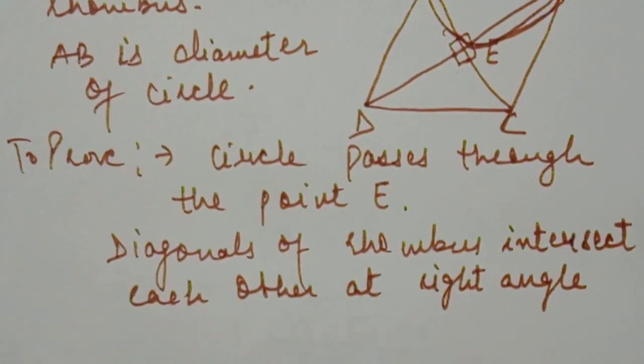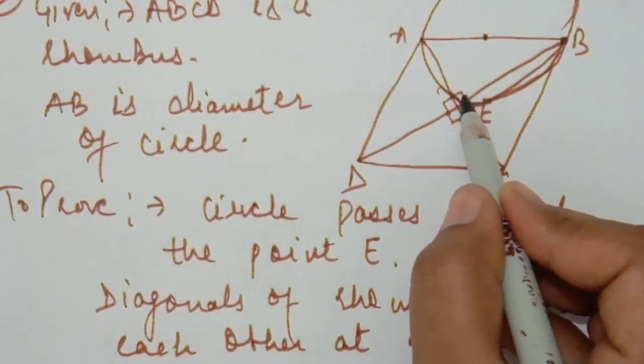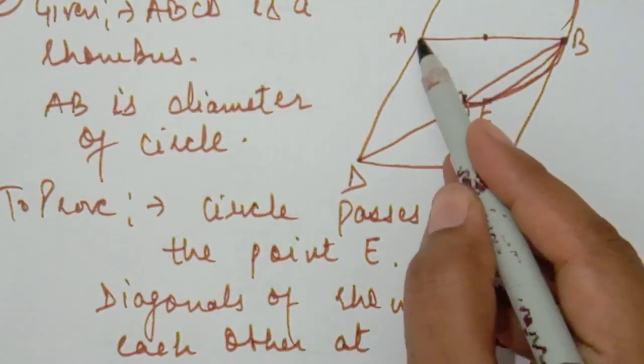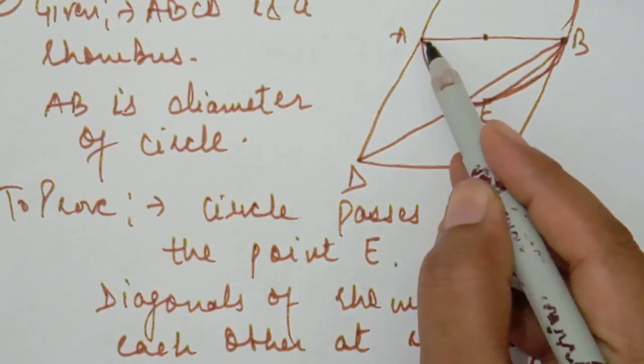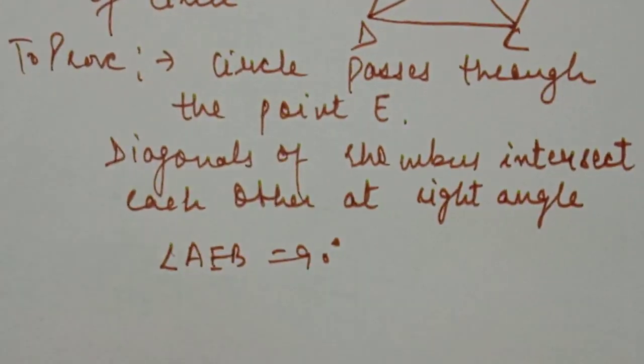So definitely angle AEB is equal to 90 degrees. We know it very well. When we know that the circle passes through the point E, it means this angle is present in a semicircle.